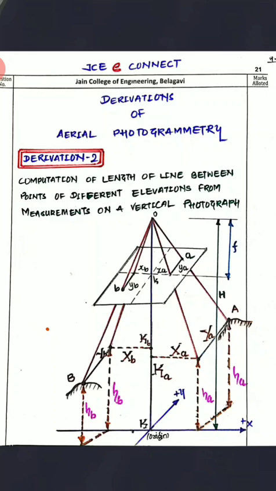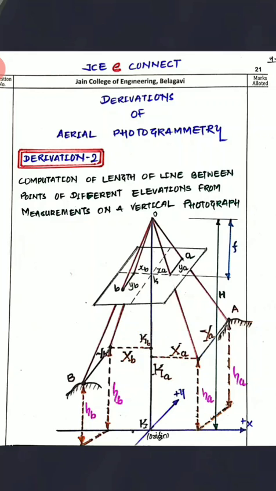Capital XA and capital YA are the ground coordinates of point A, and capital K is the principal ground point of point A. Similarly, for point B, capital XB and capital YB are the ground coordinates of point B, and KB is the principal ground point of B.